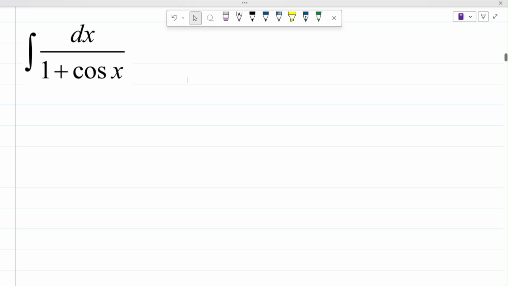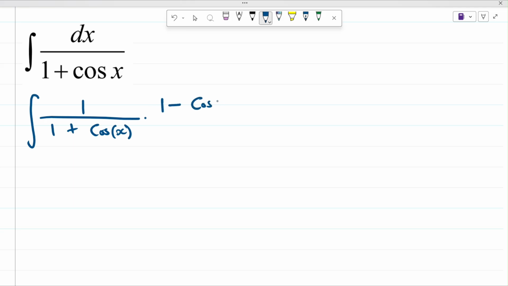So for this case, we're going to have our 1 up there, divided by 1 plus cos of x, multiplied by the Pythagorean conjugate, which is 1 minus cos of x divided by 1 minus cos of x, dx.